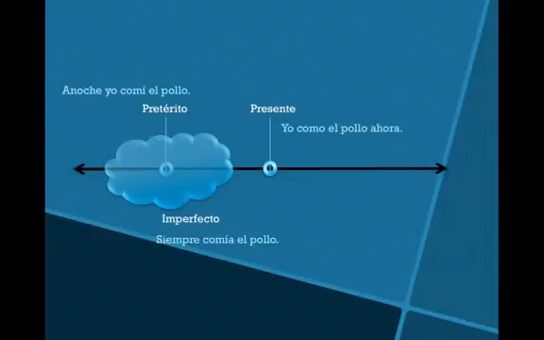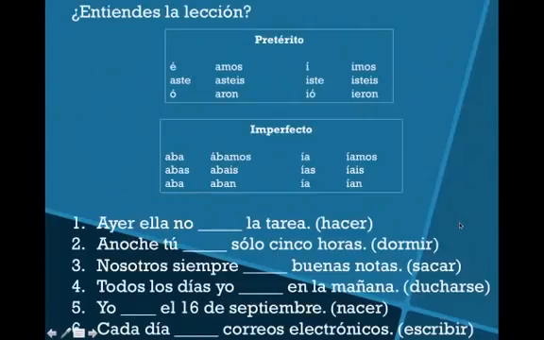So it'd probably be a good idea to pause the video and copy down this visual as well, and then you can move on and try some of the problems on the next slide. So here you have ¿Entiendes la lección? Do you understand the lesson? Here are the endings for the preterite verbs, é, aste, ó, etc., and the endings for the imperfecto.